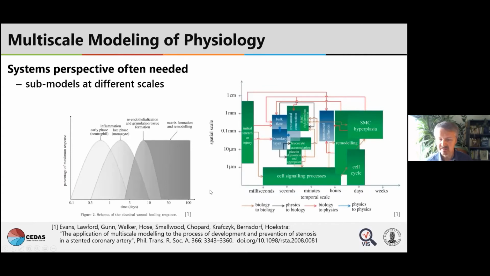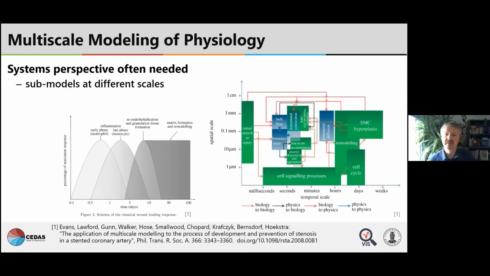So on the one hand, as I just mentioned, we think about data that we visualize. On the other hand, we need to also think about modeling and modeling of physiology. And if we dare consider multi-scale phenomena, then it really becomes a big challenge.